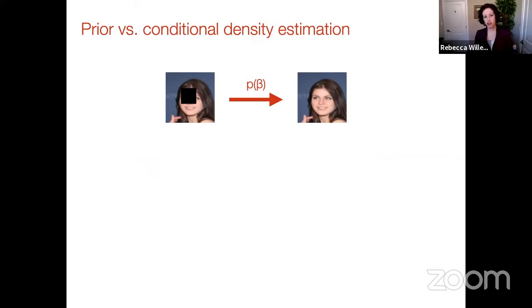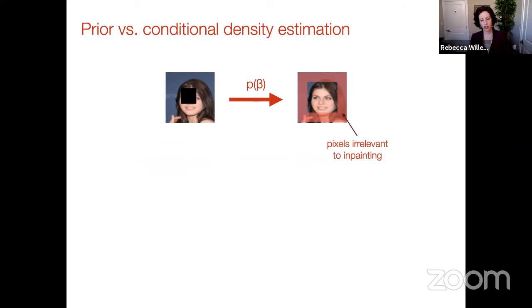But if we think carefully about this in-painting example, essentially what we're doing is learning this prior over all images. And you could argue that that's really overkill for the in-painting task. In particular, my goal here is to fill in the middle pixels in this woman's face, and there are a lot of pixels in the image that are totally irrelevant to this task.